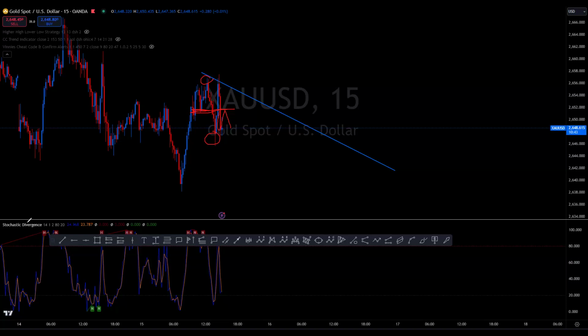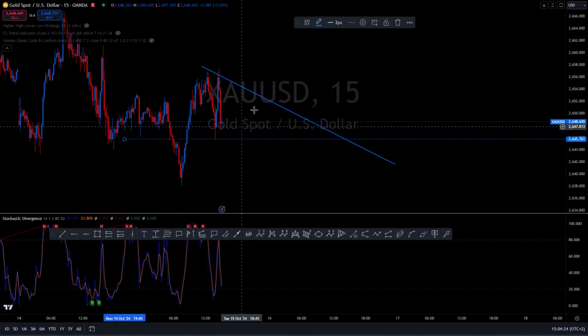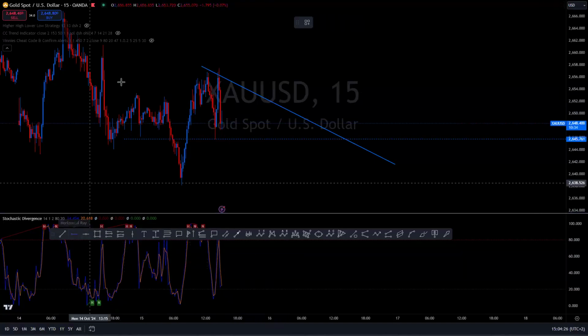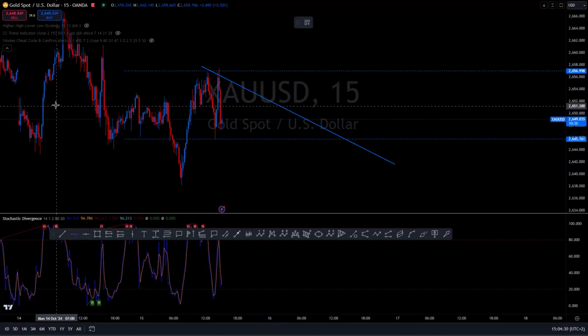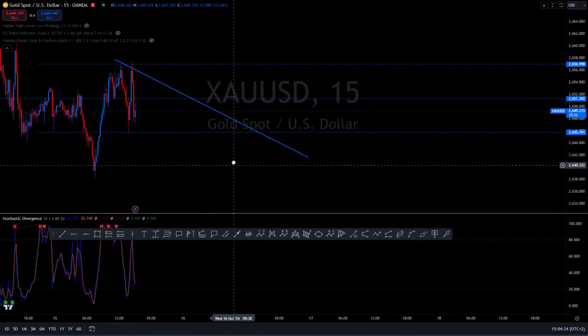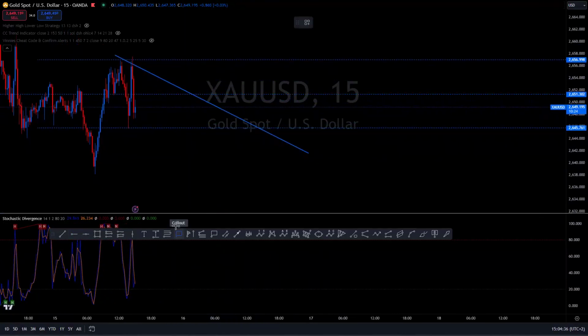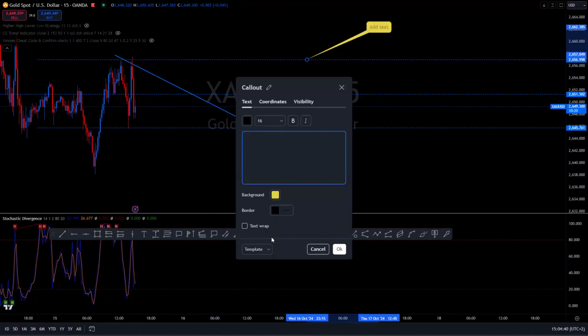So we're going to mark up the swing low, breaker structure and the swing high, and these are what we call our trading ranges. Okay, so let's go ahead and label this as a bearish trading range.